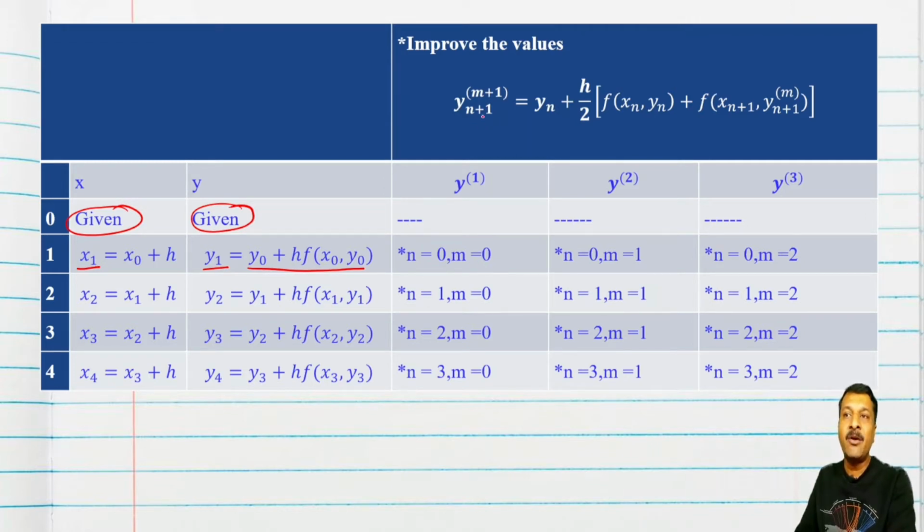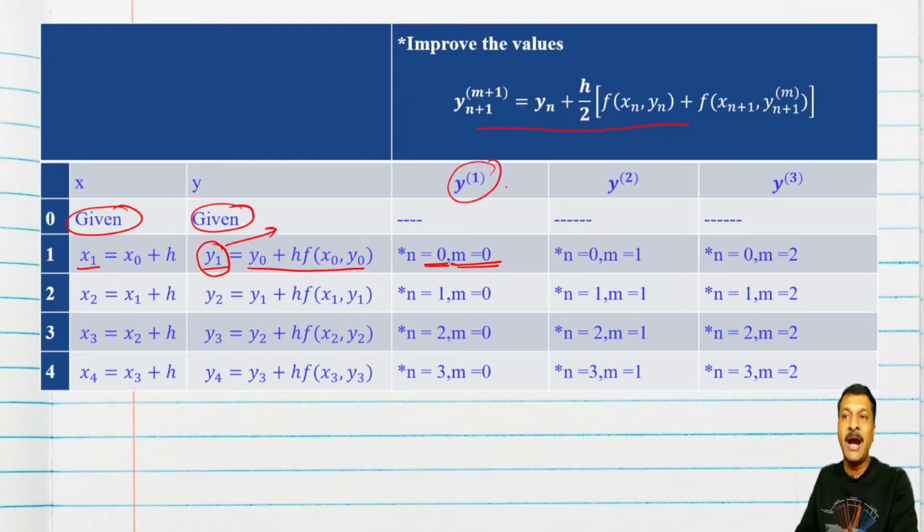What do we get? y1 at first position is equal to y0 plus h by 2, because here n equal to 0, f of x0 y0 plus f of x1 y1 at 0th position, because here m equal to 0. Means whatever value I got by Euler's formula, you put here. So I will get y1 at first position.